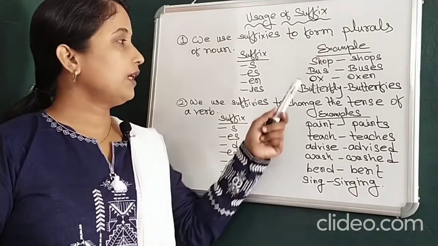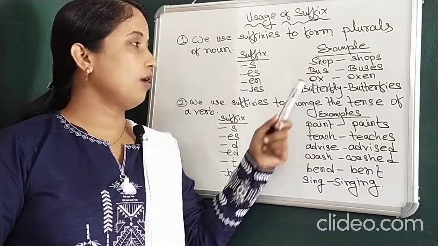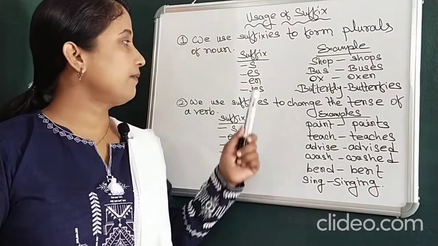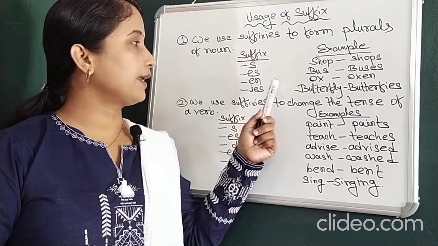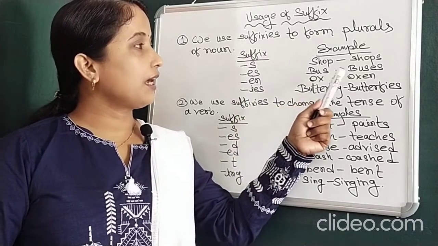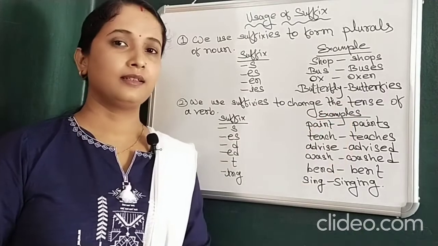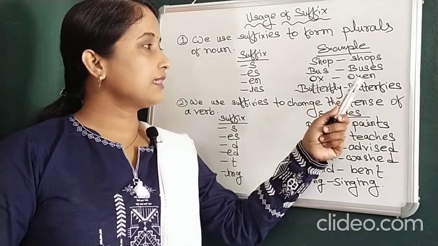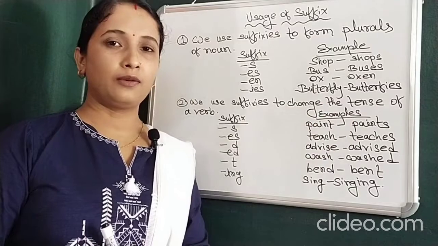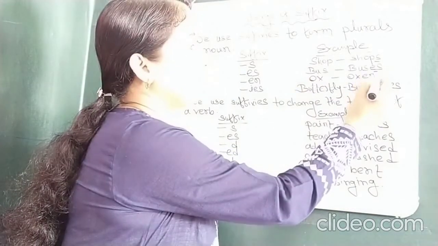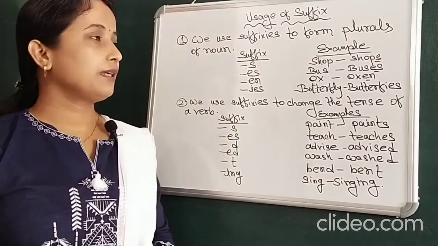The words shop, bus and ox are in singular form. By adding the suffixes s, es and en, they change to their plural forms: shops, buses and oxen. The suffixes s, es and en make them plural.